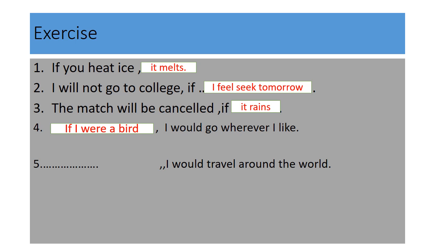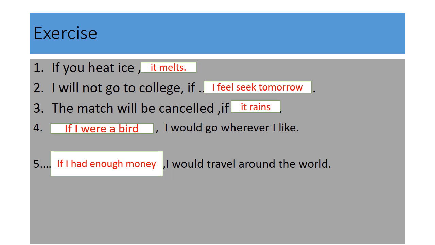As the main clause is in past conditional or second conditional, so we have used past indefinite tense in the if clause. Number 5, dash, I would travel around the world. Again, this is the example of second conditional, and according to the rules of second conditional, the answer is, if I had enough money, I would travel around the world.